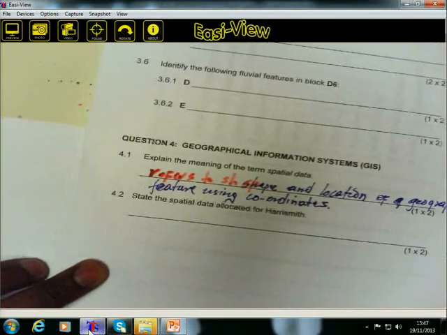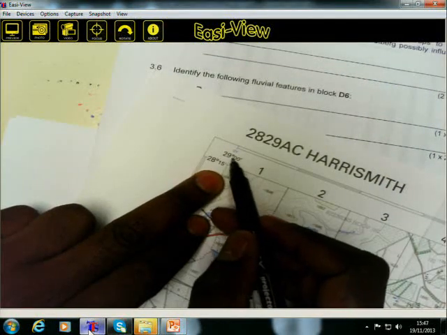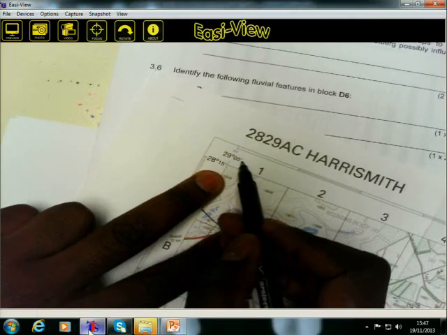Now that's where we are talking about your coordinates. If you look into your map, for you to get the coordinates of Harrismith correctly, we have 29 degrees, 00 minutes.